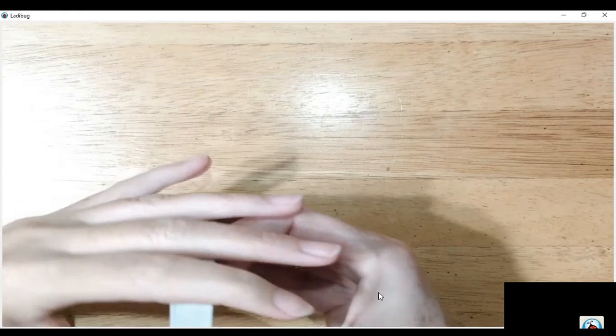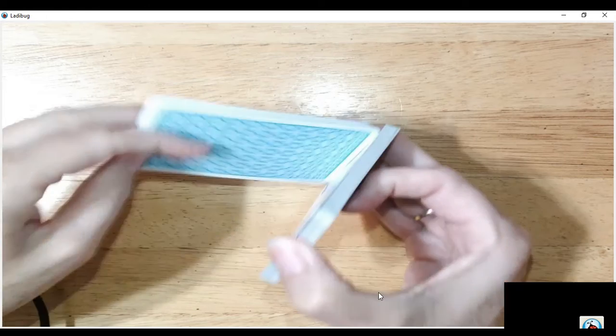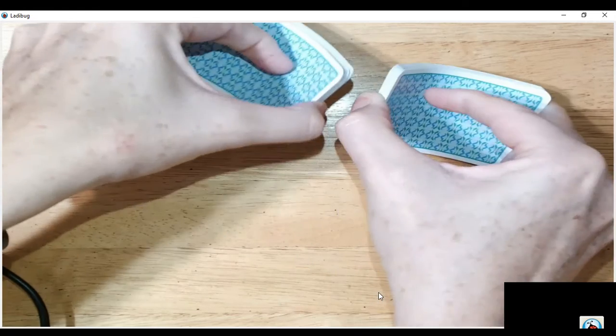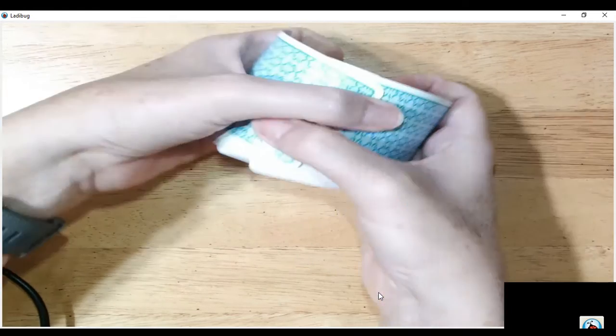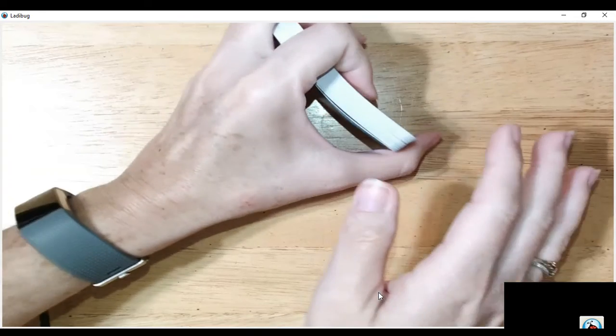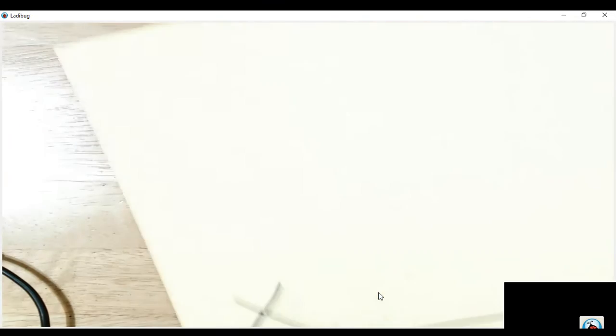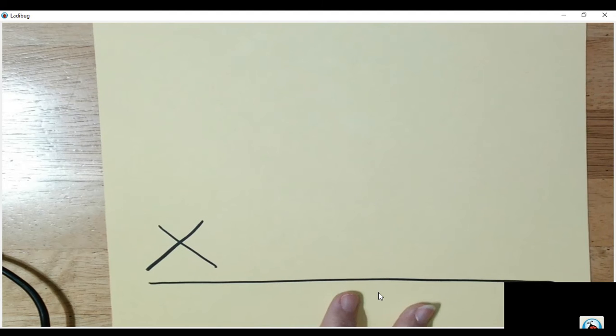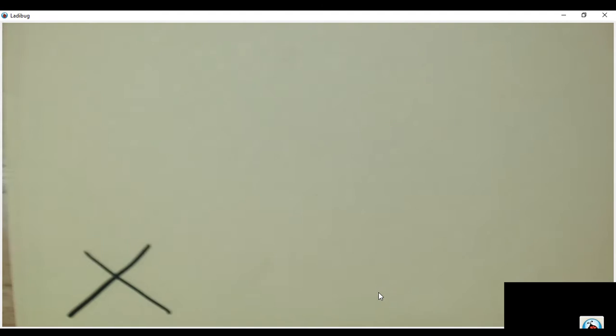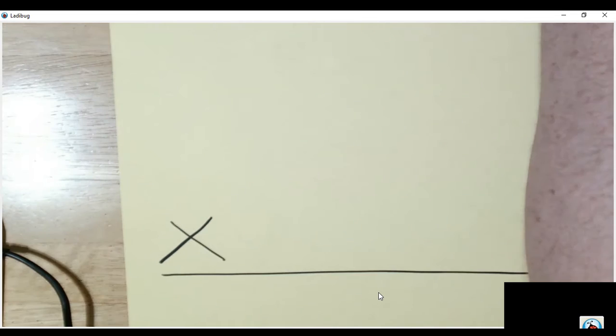Okay? So here's what we're going to do today. I'm going to shuffle my deck. And let's see here. I'm going to get my piece of paper here. Let me zoom out so you can see this.